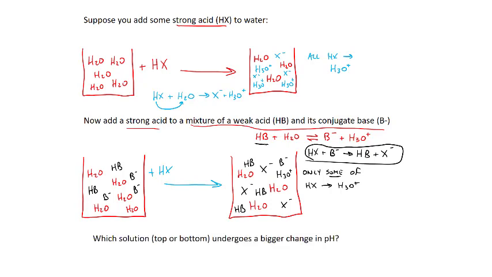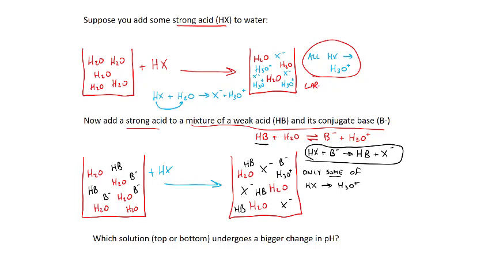So the question we have now is which of these two solutions, the top or the bottom solution, undergoes a larger change in pH when we add acid to it? Well, up here, remember, all of our acid ends up forming hydronium.